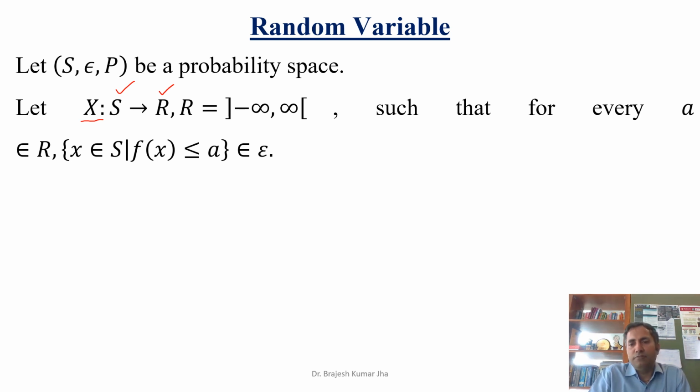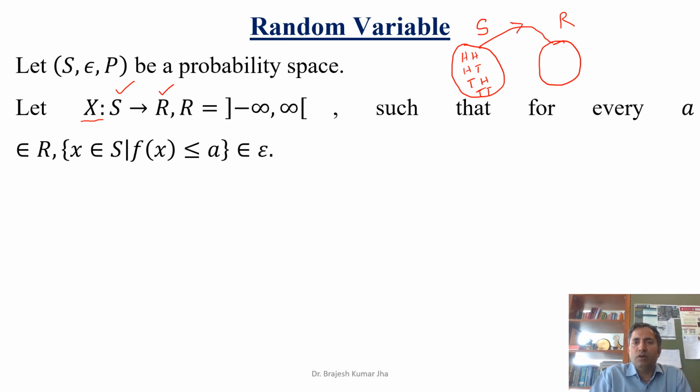For example, if you are tossing a coin 2 times, what will be the sample space? I draw it in mapping form like that. The sample space will be: both heads, first head and second tail, first tail and second head, and both tails. And there is the set of real numbers that we define here, and you have a mapping.